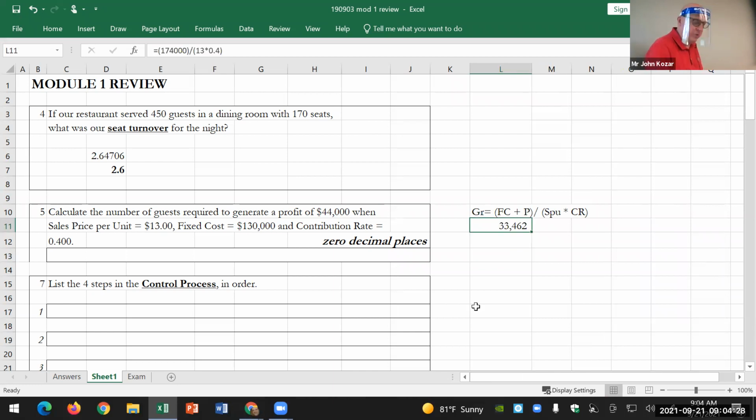So the answer that we would want to see is 33,462 guests. That's how many people we would need to have come in a certain period of time to earn that profit based on how we do with our sales in the restaurant. So if that's for a month, we need a little bit more than 1,000 people a day to come into our restaurant.